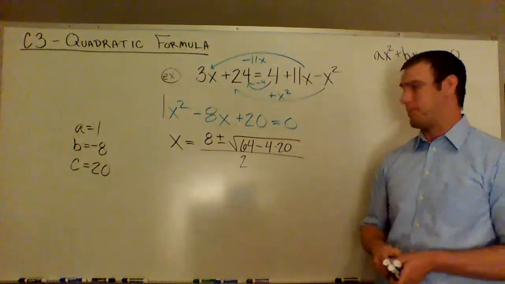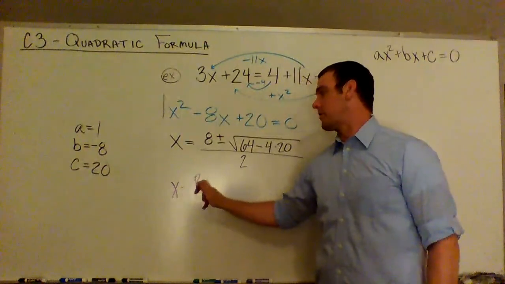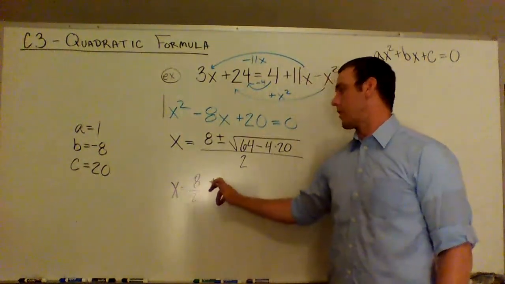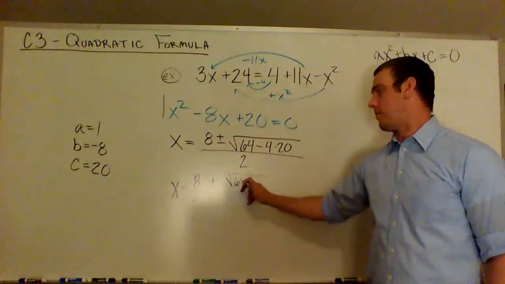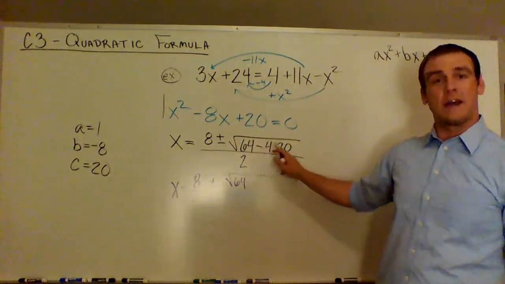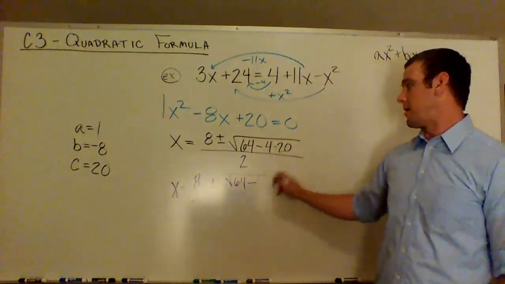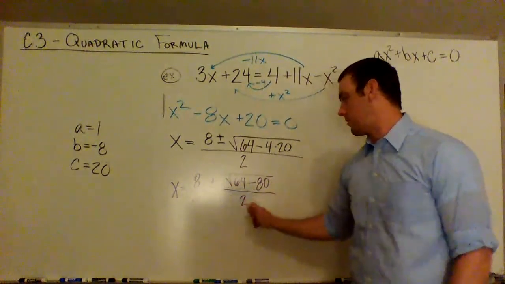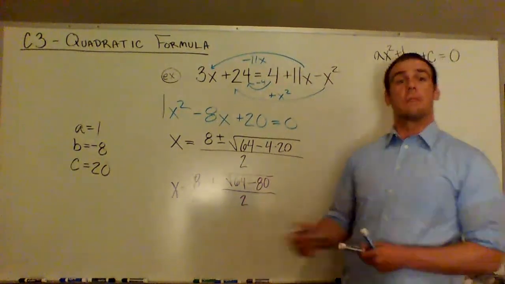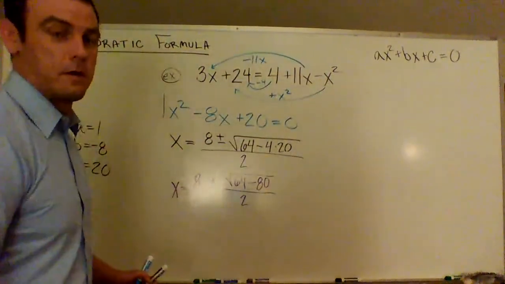Alright, so I'm going to split this up then. x equals 8 over 2, plus or minus the square root of 64. Negative times a positive makes a negative. 4 times 20 is 80. All over 2. So, 8 divided, oh, see the glare there, I gotta stand and make a shadow here maybe.